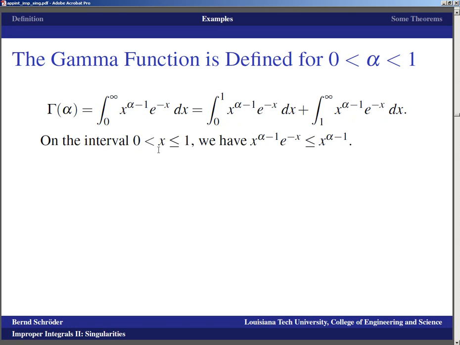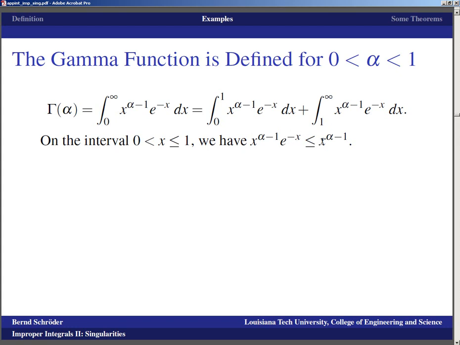And so on the interval from 0 to 1 for x, we have that 0 is less than or equal to x to the alpha minus 1 e to the minus x, which is less than or equal to x to the alpha minus 1, because e to the minus x is less than or equal to e to the 0th, and e to the 0th is 1.